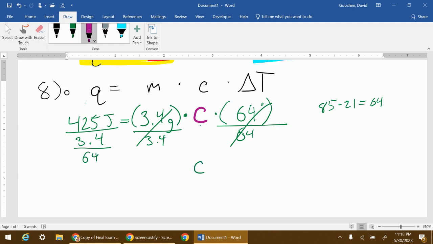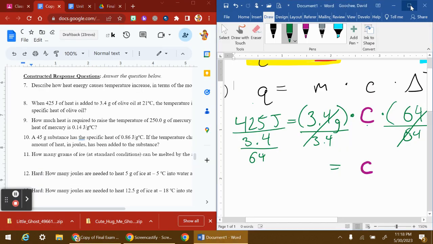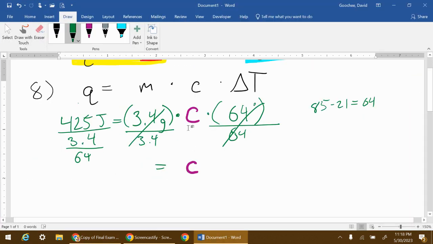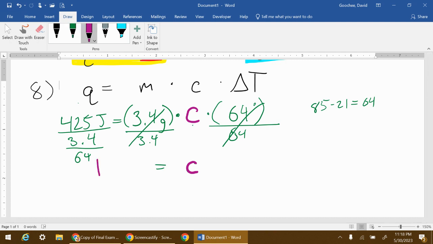One second, I'm going to calculate it. Using my calculator, I got that the specific heat is equal to 1.95 joules per gram degrees Celsius.